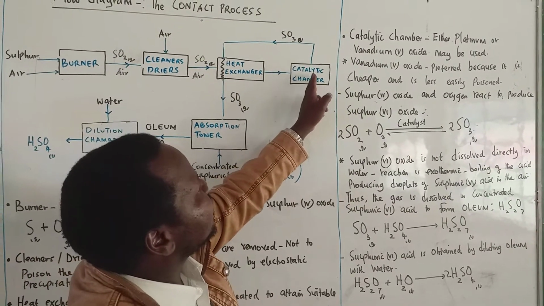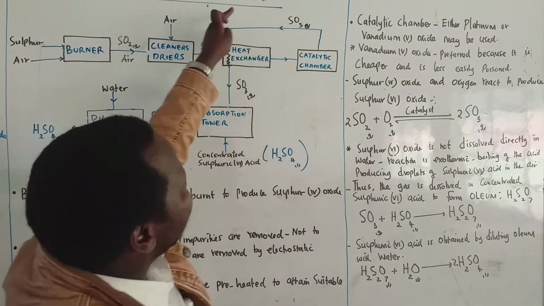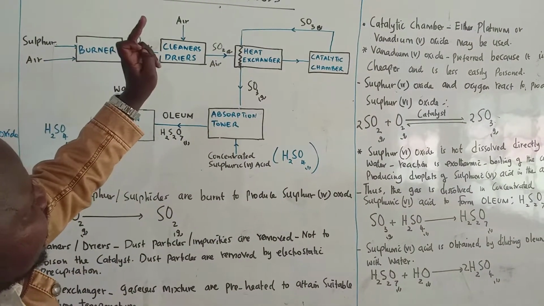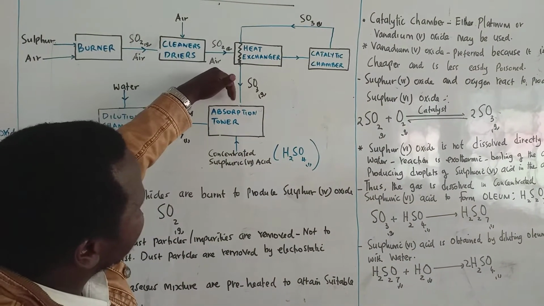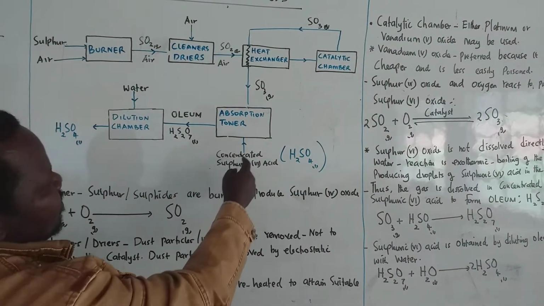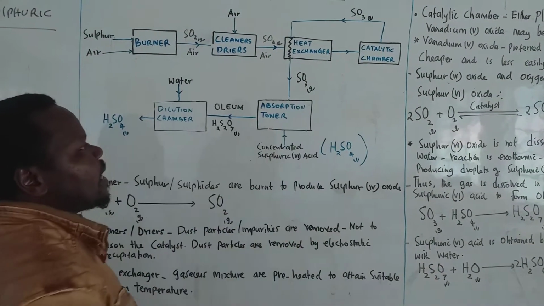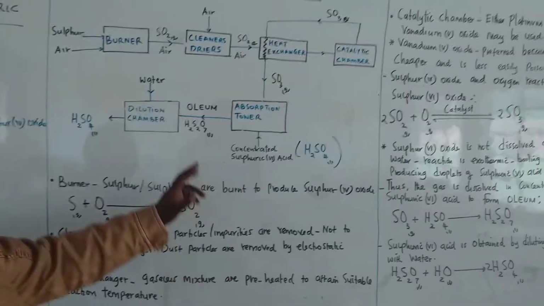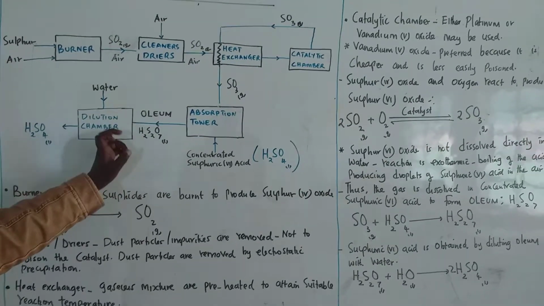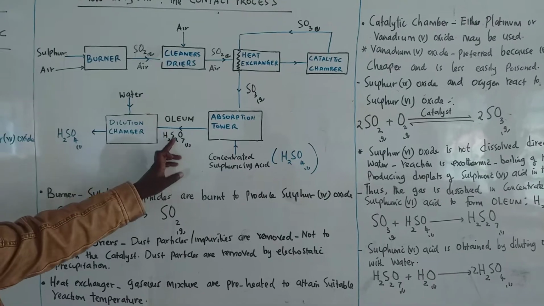That's why the gas exiting on this other end is sulfur 6 oxide, back into the heat exchanger. Then, through the heat exchanger into the absorption tower, the concentrated sulfuric acid combines with this sulfur 6 oxide to produce oleum. The formula of oleum is H2S2O7.